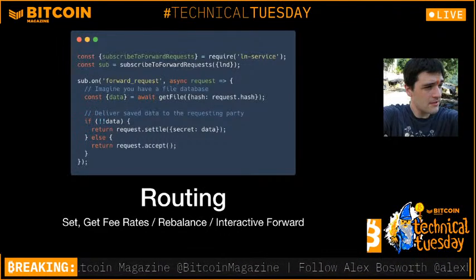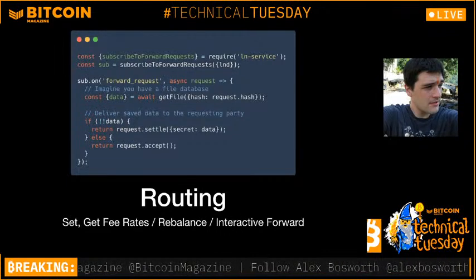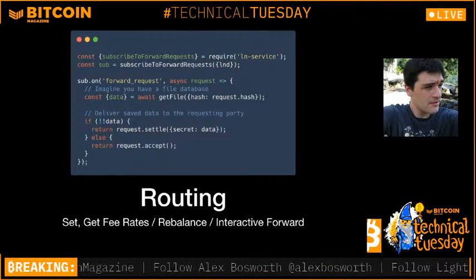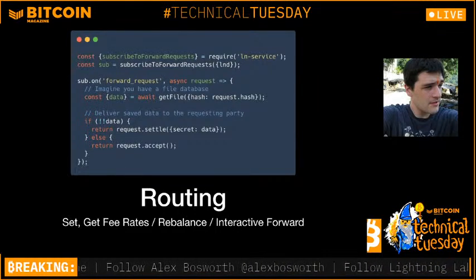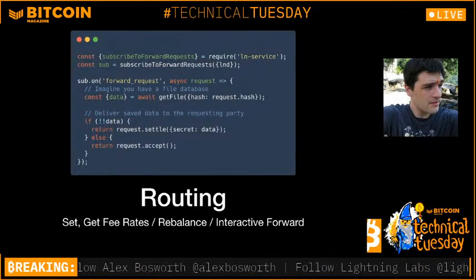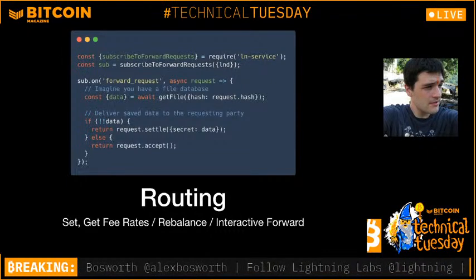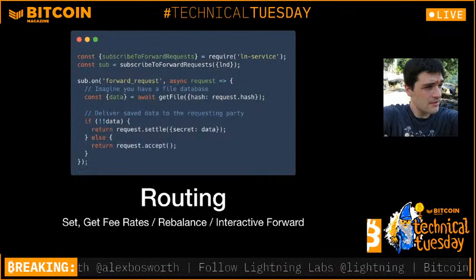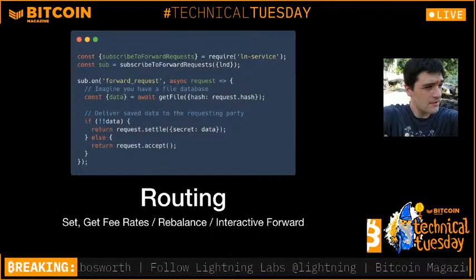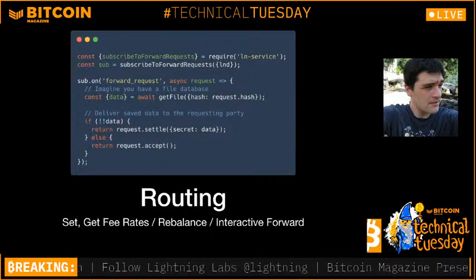There's a new API that actually isn't in any release of LND yet that I'm pretty excited about. It's called the HTLC interceptor. What it's doing is basically telling you that other people want to forward some money through you, and it allows you to listen for those forwarding requests.